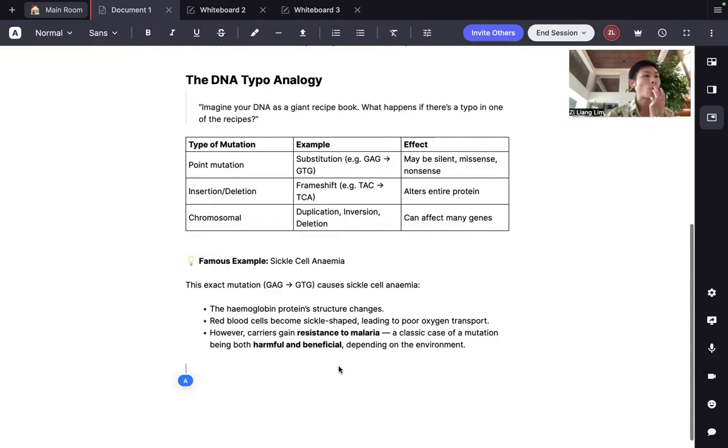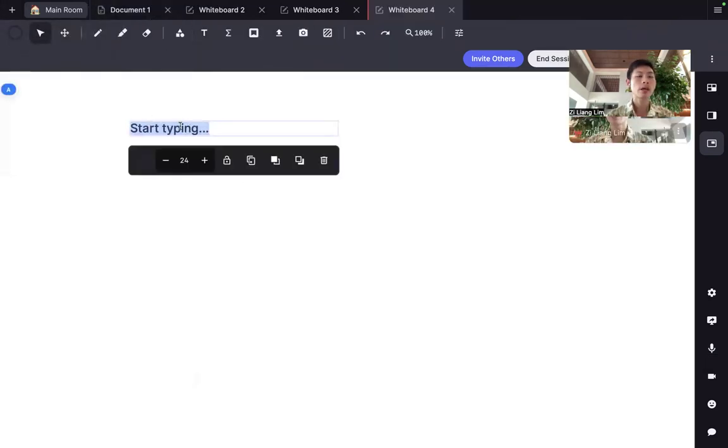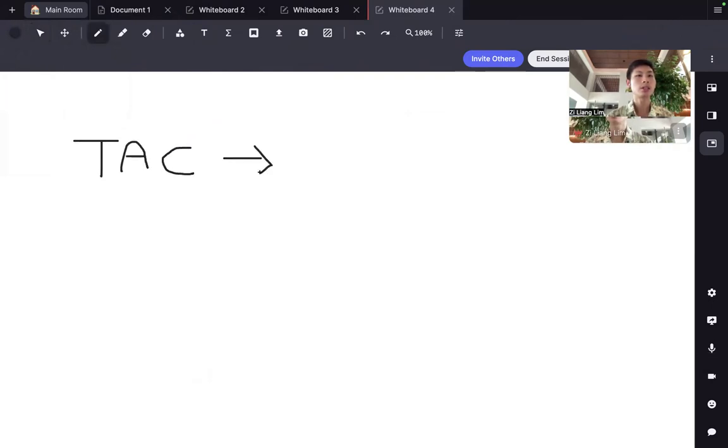Okay, what if we were to analyze another thing? For substitution and frameshift mutations, let's try another example. What if I were to change T, A, C to T, C, A?